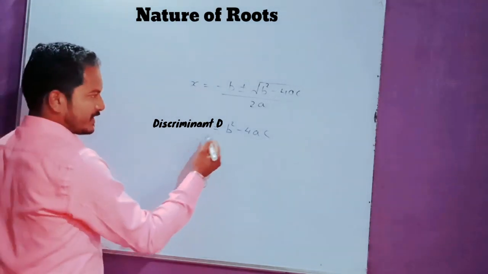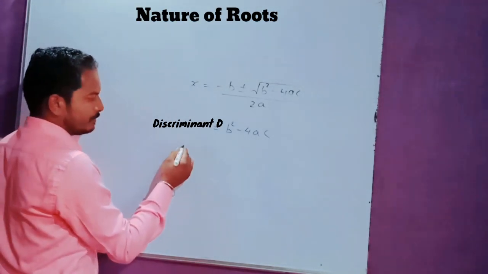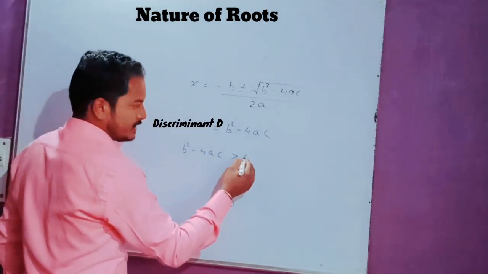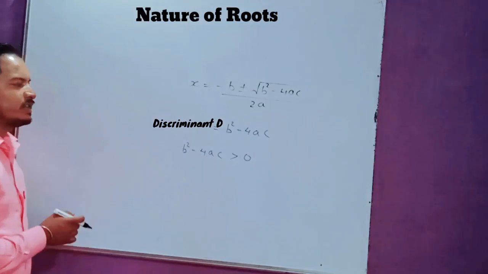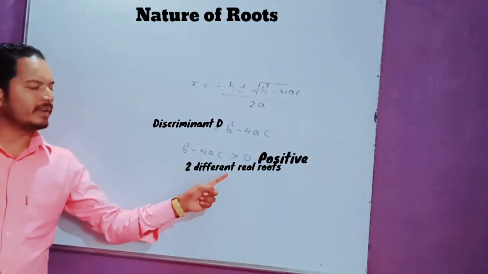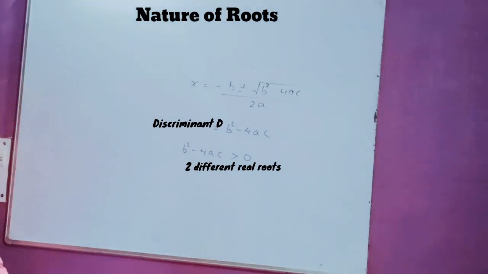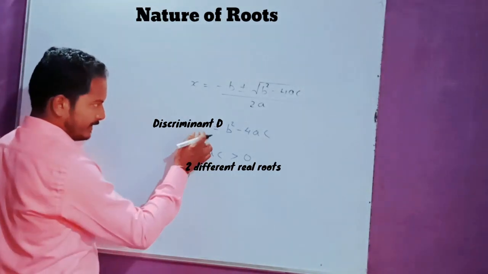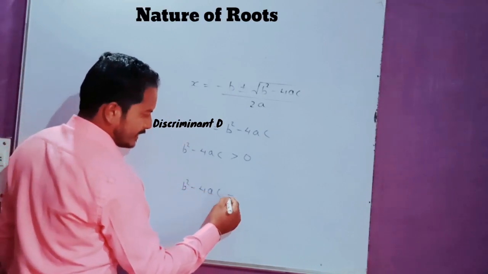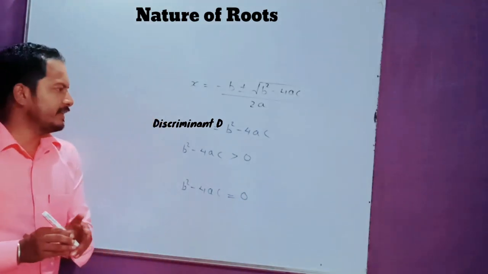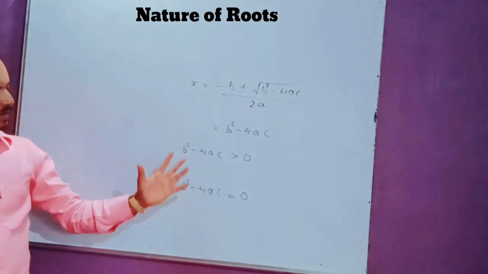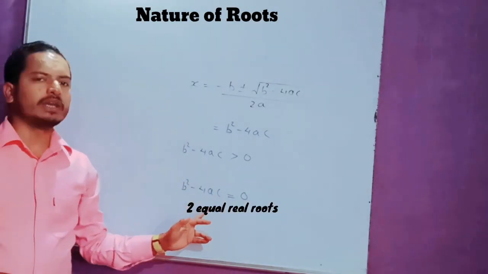If this discriminant b square minus 4ac is greater than 0, it means if it is positive, then the quadratic equation will have two different real roots. And if this discriminant b square minus 4ac is equal to 0, then the quadratic equation will have two equal real roots.